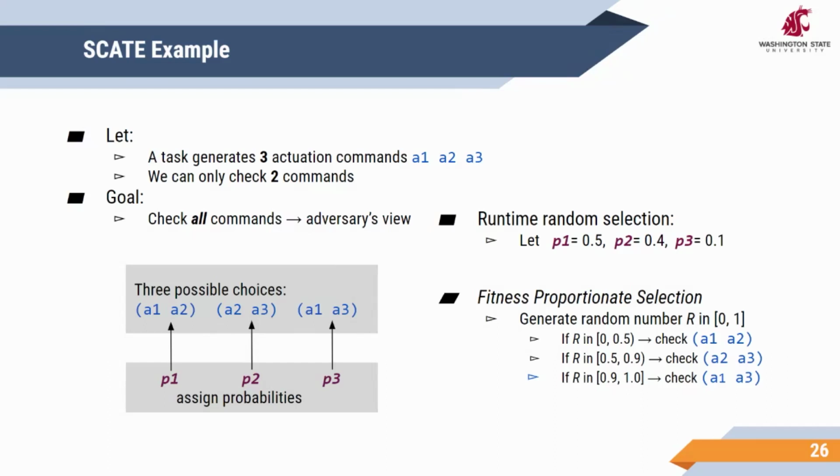Based on this probability, each time you want to check, you generate a random number and check whether it is less than a threshold. If so, then you check the first two commands. If your random number is generated within another range, you check commands 1, 2, and 3. This is based on this probability, right? But the question is, how do you know this in the first place? For that, we use the range.